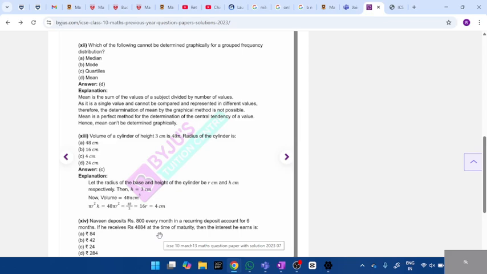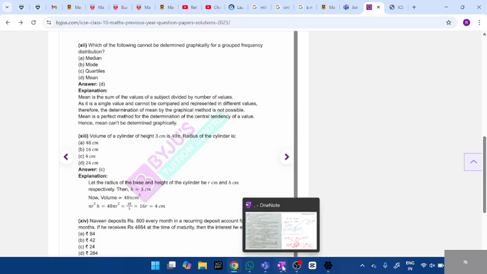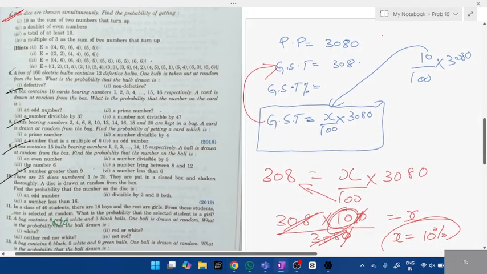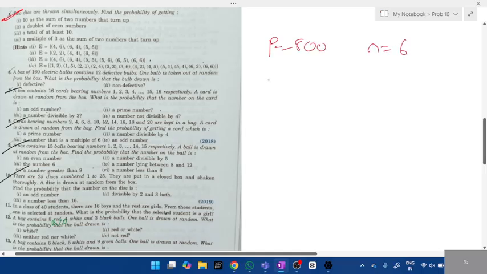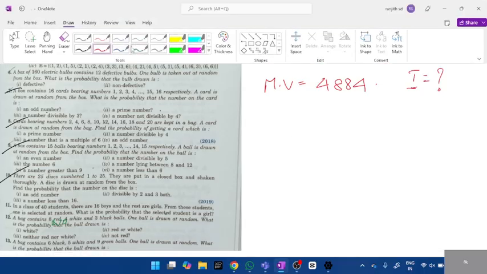What's the answer? Interest. What is the maturity value? 4884. This is the question.